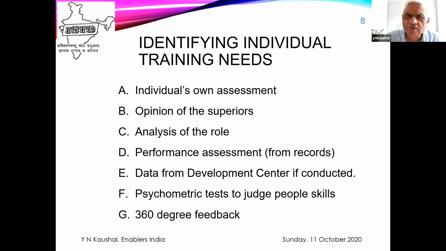These people see the output or the performance of that person on a day-to-day basis, and then they find that some aspects the person is able to do well, and some aspects the person is not able to do well. So their view about where he or she needs training or he needs better learning is what we try to get from there. So their views are very important.